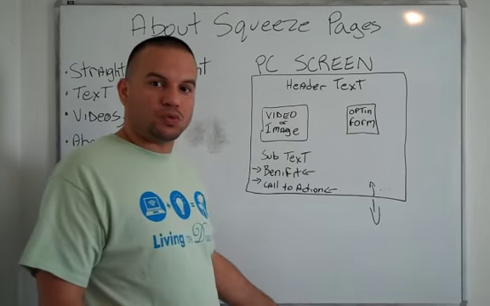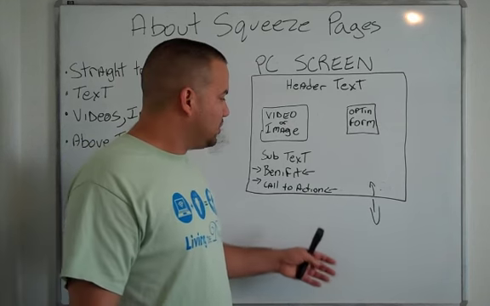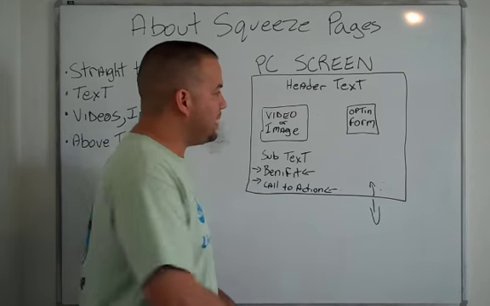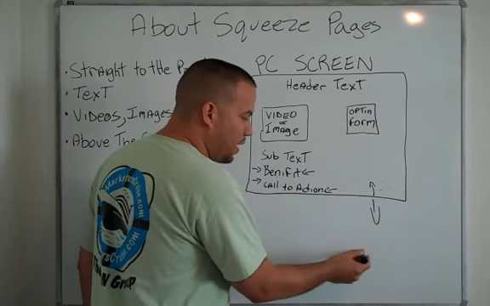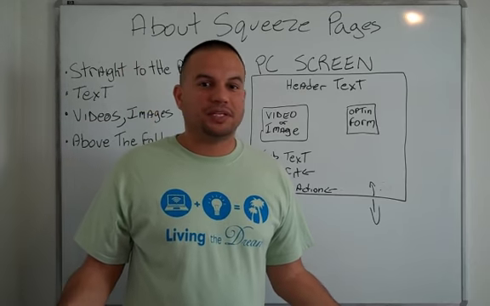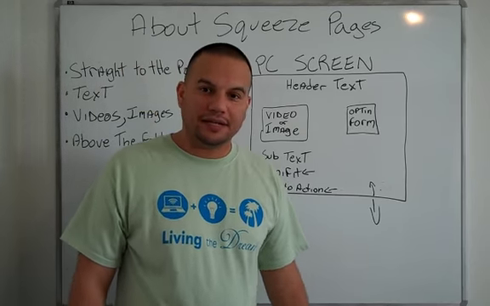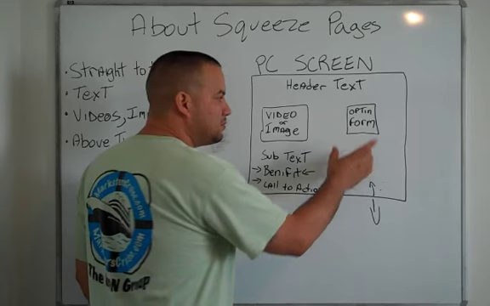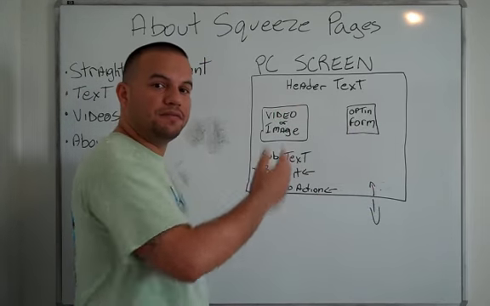Probably the main message is way below the fold. So 85% of the people never go down. That means if your opt-in form is way down here, 85% of the people are never going to see it and they're not going to opt in. So make sure that most importantly your opt-in form is above the fold.